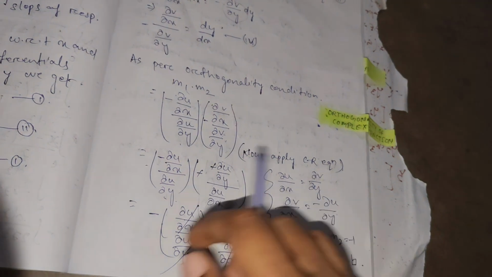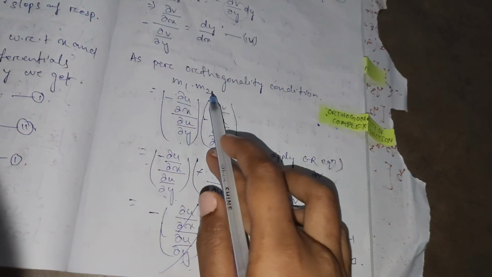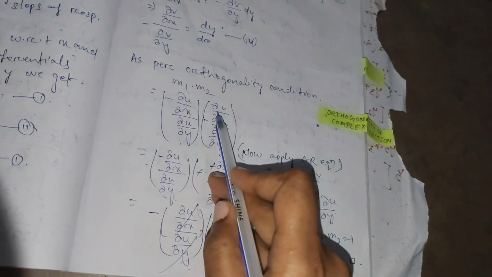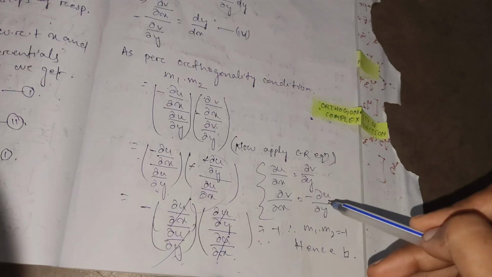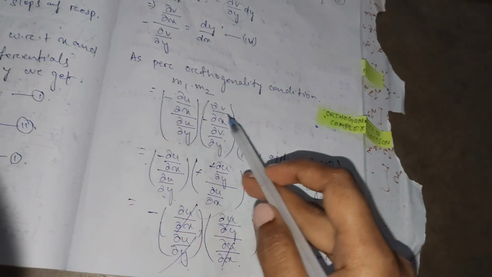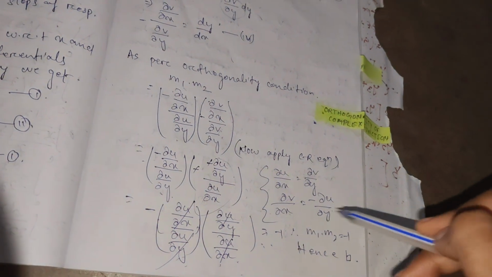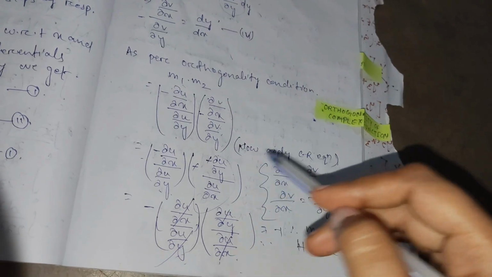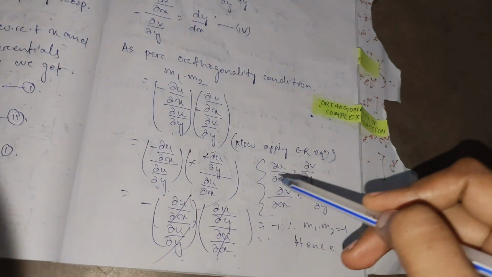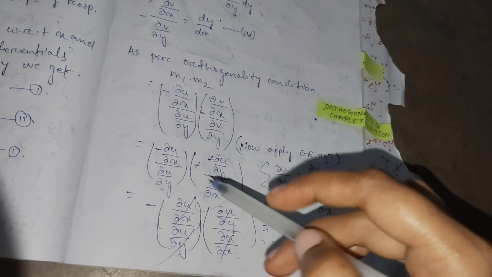Using these, in m2, del v by del x can be replaced by minus del u by del y, and del v by del y is replaced by del u by del x.